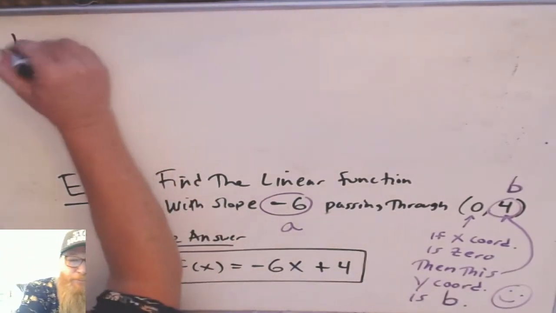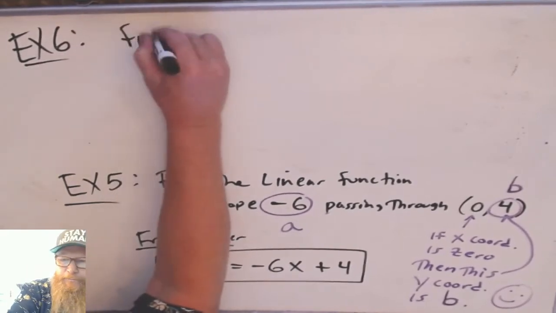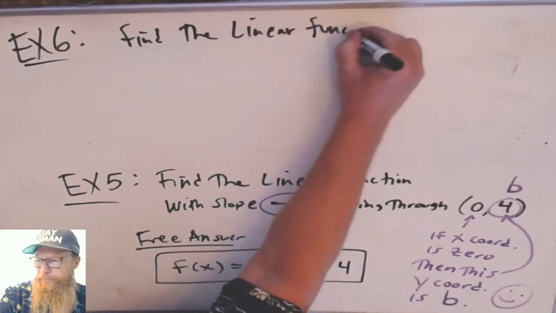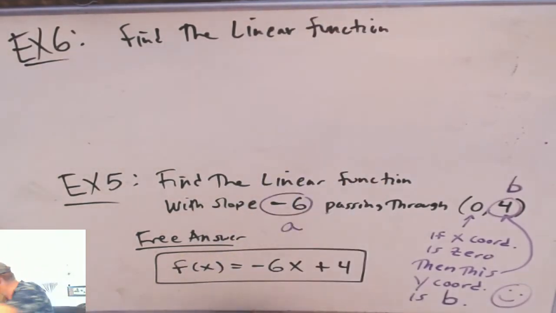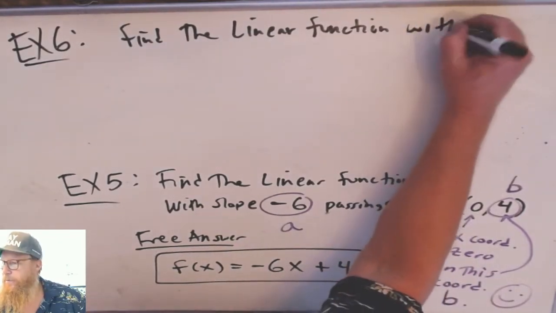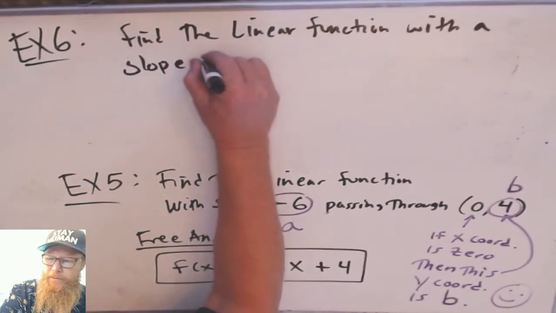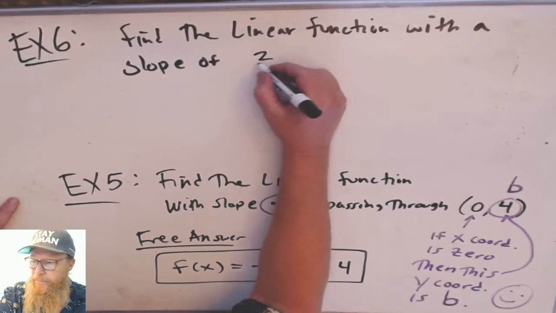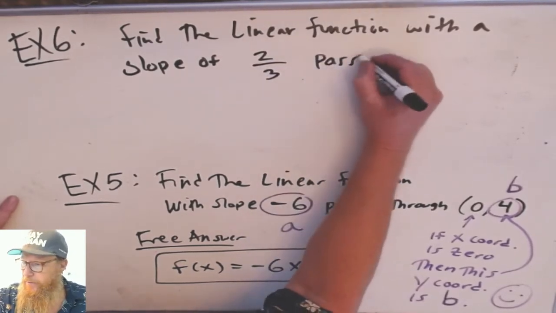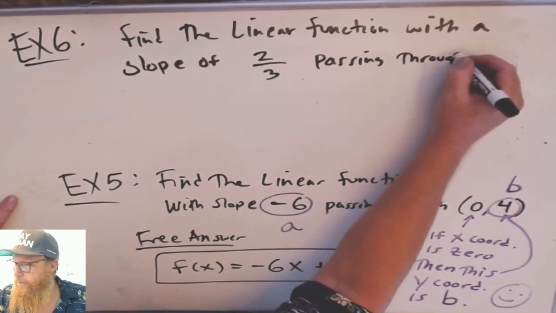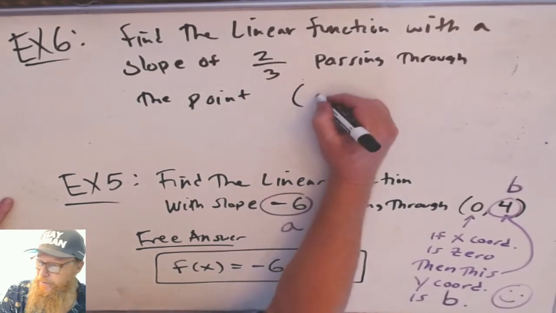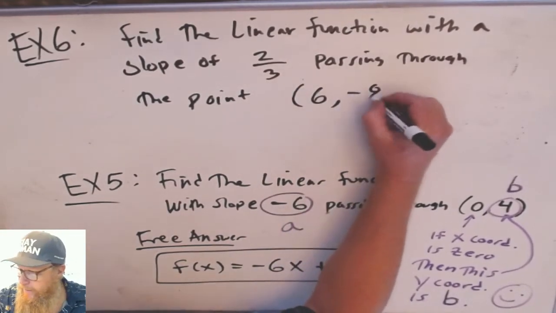Let's do another one. Find the linear function with a slope of, I don't know, 2/3 passing through the point 6 and -8.